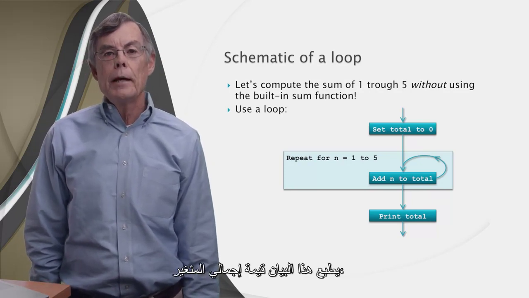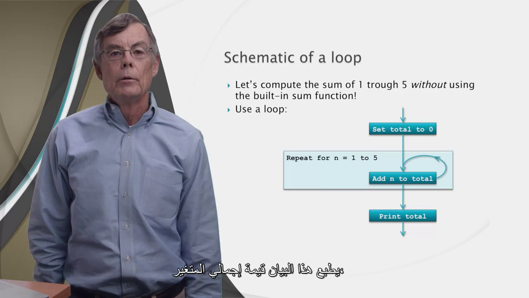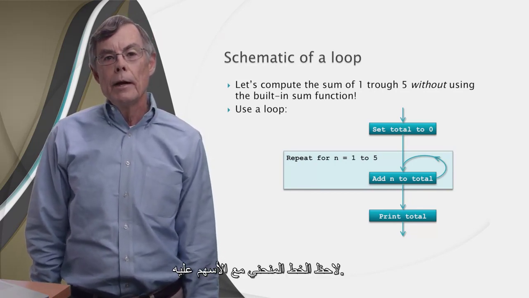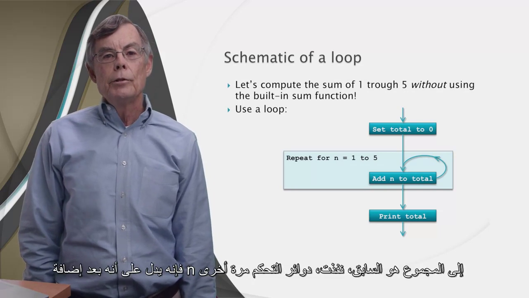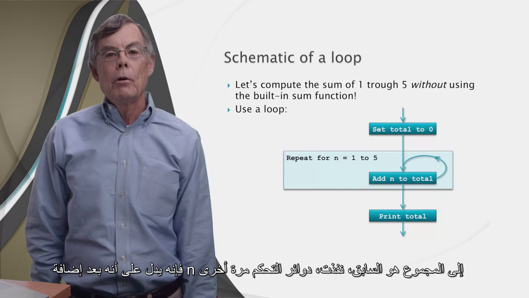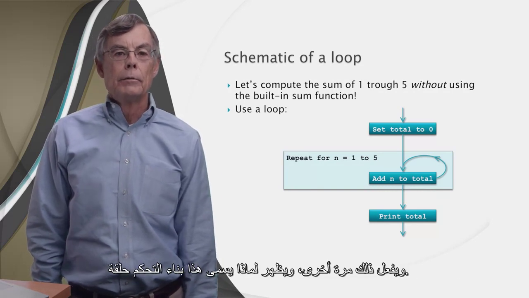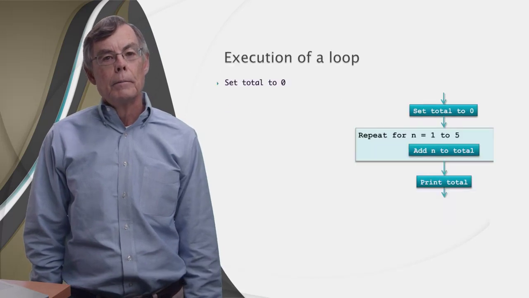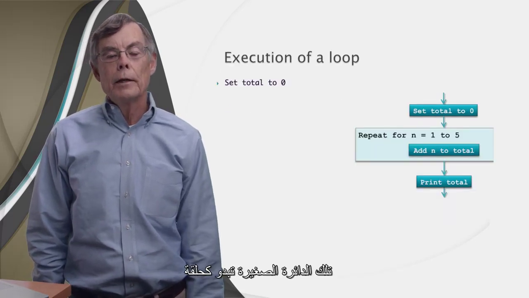That statement prints out the value of the variable total, which is the result we wanted. Note the curved line with the arrows on it. It shows that after add n to total is executed, control circles back and does it again, and it shows why this control construct is called a loop. That little circle looks like a loop.